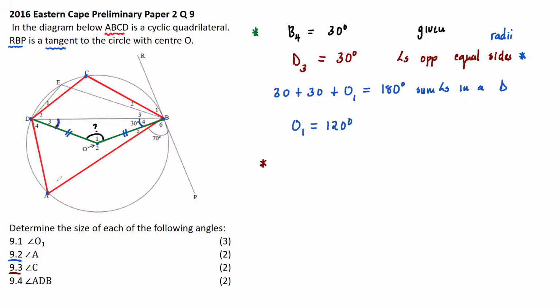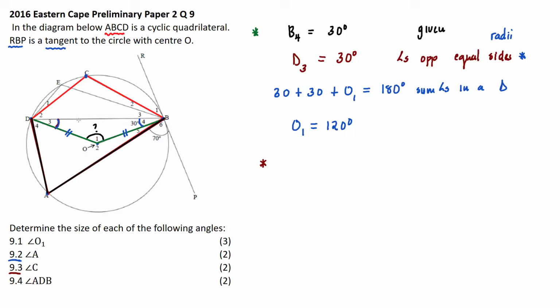But notice A is made by a line from D and a line from B. In maths, we say they are subtended. So the line DB subtends A at the circumference, the line DB.